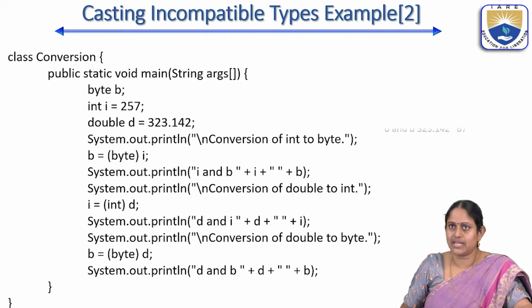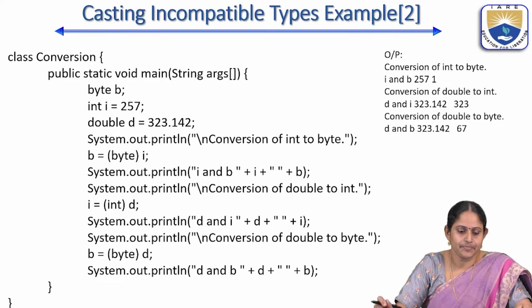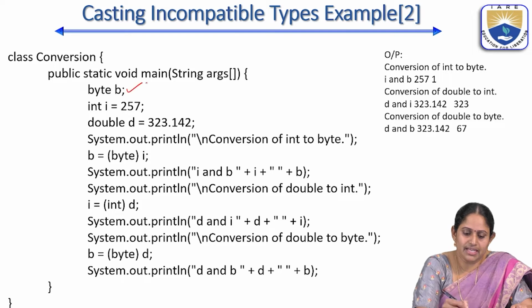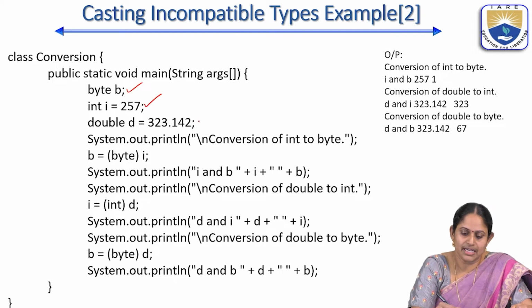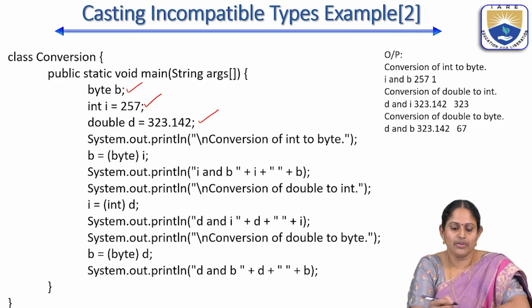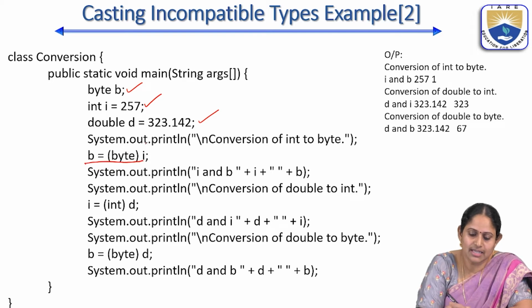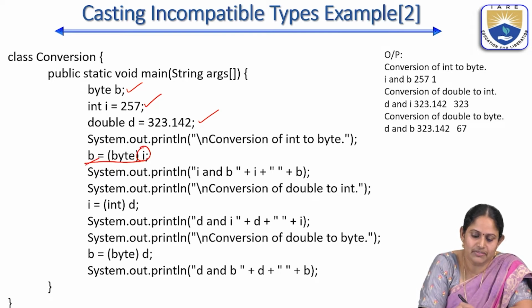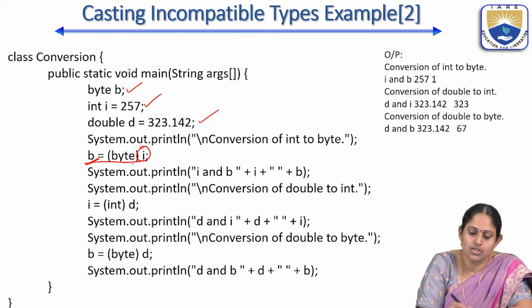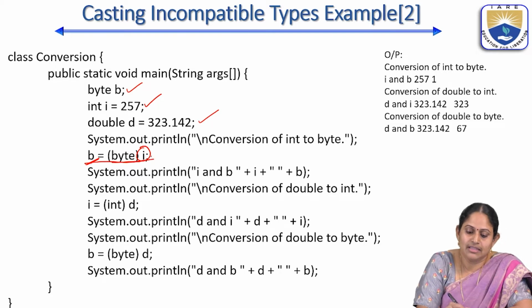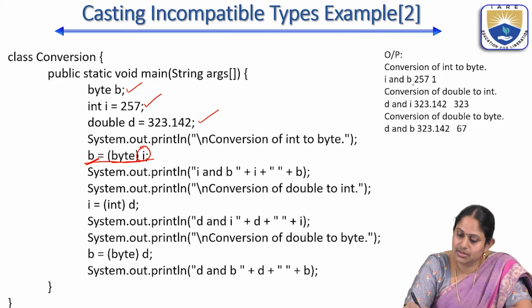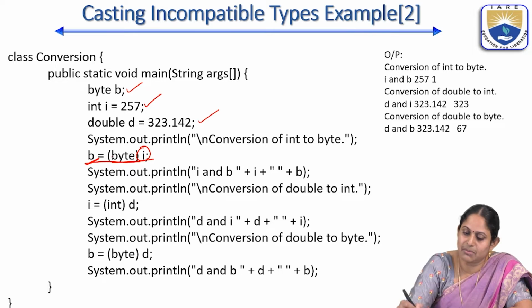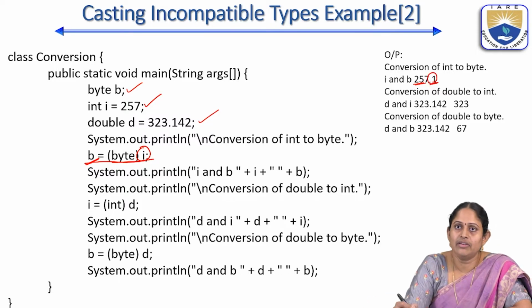Now let's look at an example of this. Here we have a byte, an integer, and a double. We are converting the integer variable into byte, storing the integer into this byte. What happens here? After typecasting, the value stored into the byte will be 1. How did we get that?